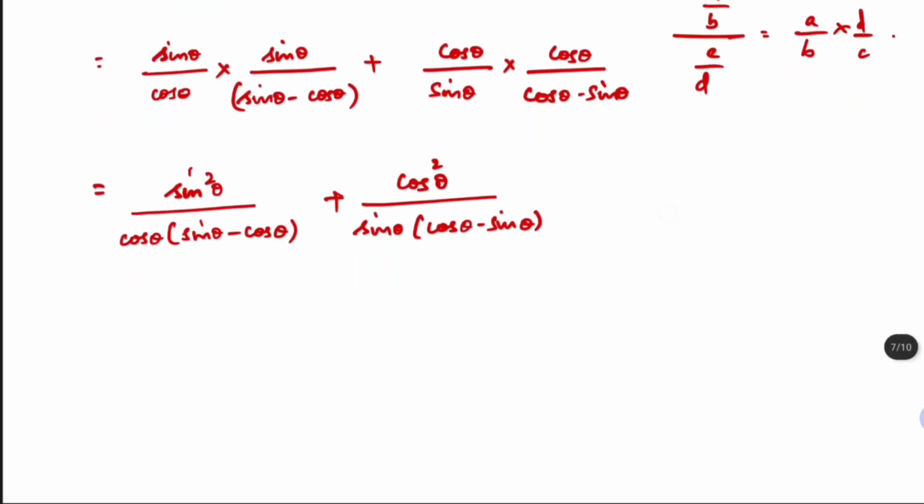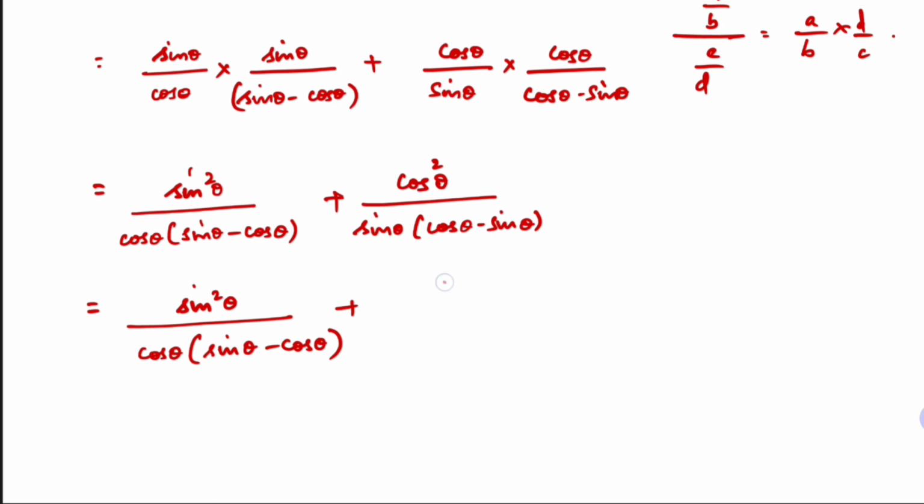By looking at the denominator, we can find that only a minus is different in the denominator. The first term has sin theta minus cos theta and the second term has cos theta minus sin theta. If we take minus from the second term, we'll get it as sin theta minus cos theta. I'll show you. Sin square theta, write the first term as such. Sin square theta divided by cos theta into sin theta minus cos theta plus cos square theta divided by sin theta.